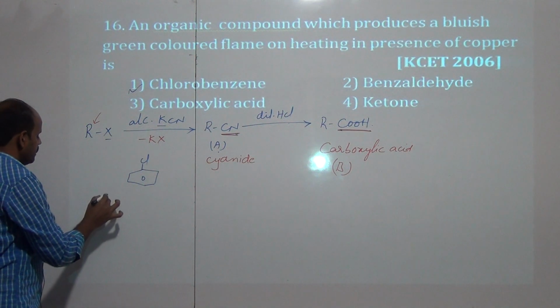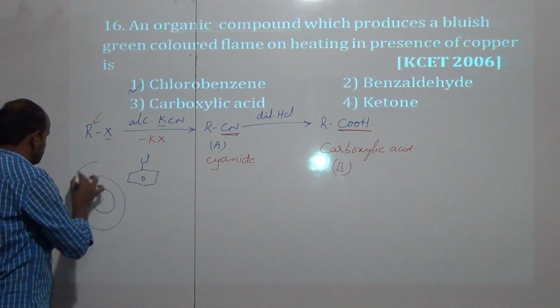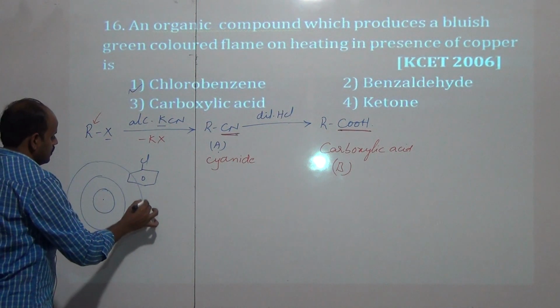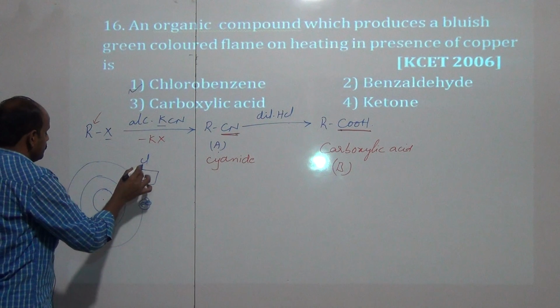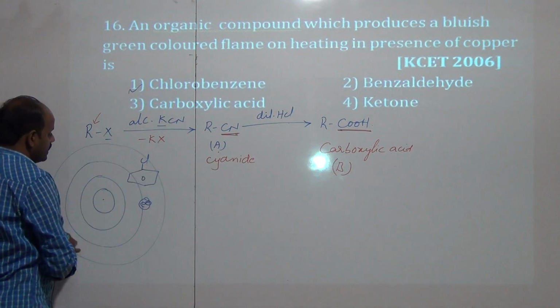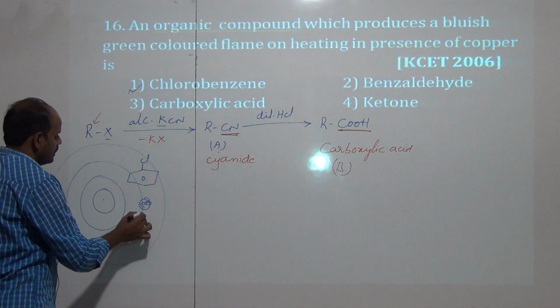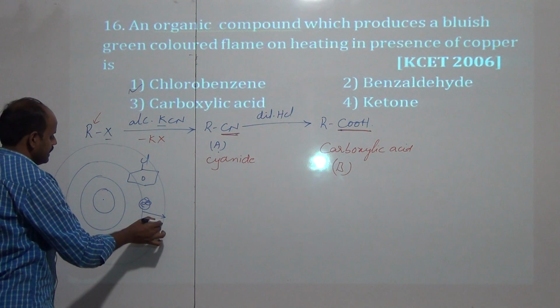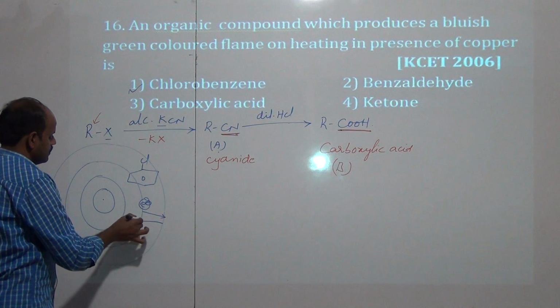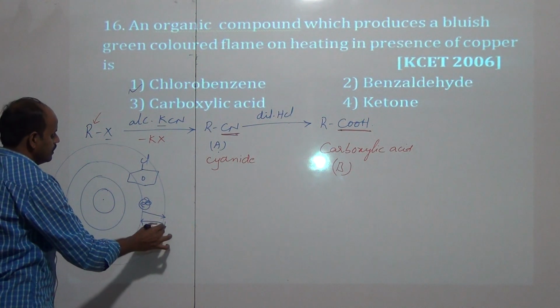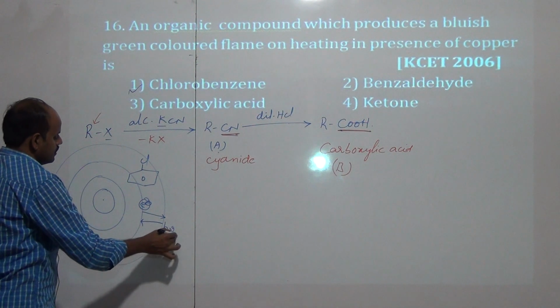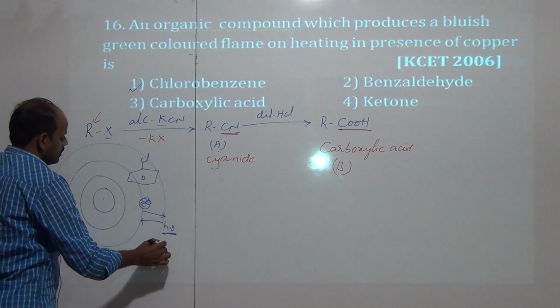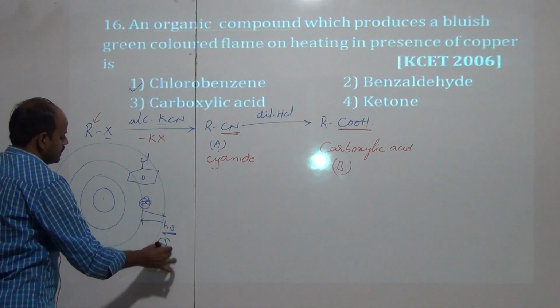Okay, because on heating electrons can be excited. Here it is the electron, no? Then vacant orbitals are there, no? Then on heating it can be excited. Again after a few seconds, it can fall down by emitting radiations. So here radiations have a certain wavelength.